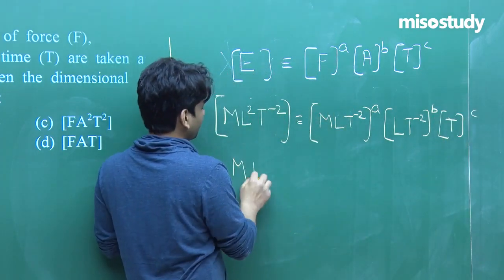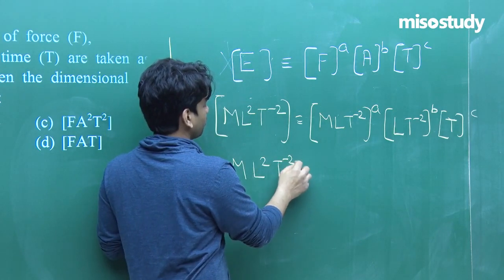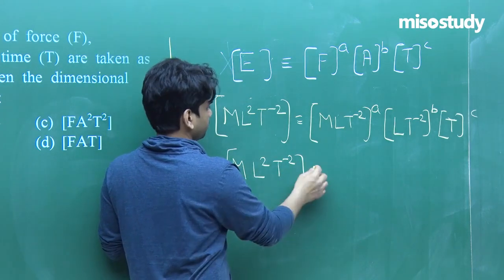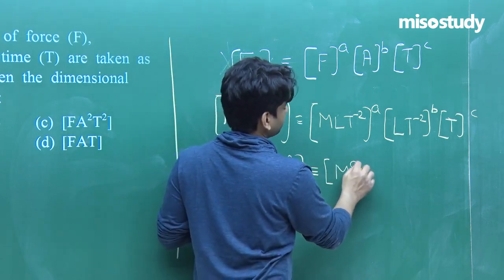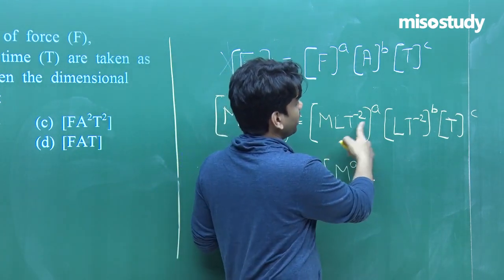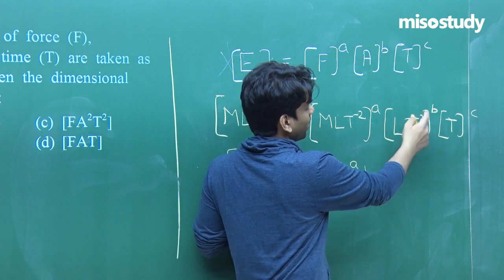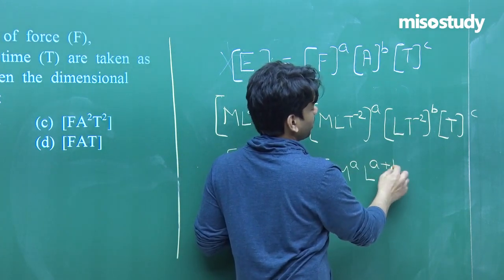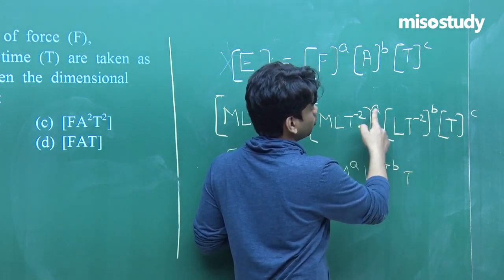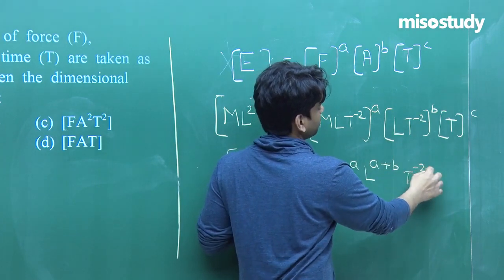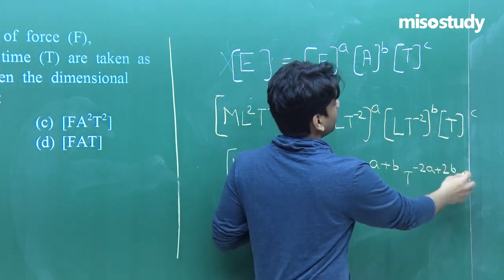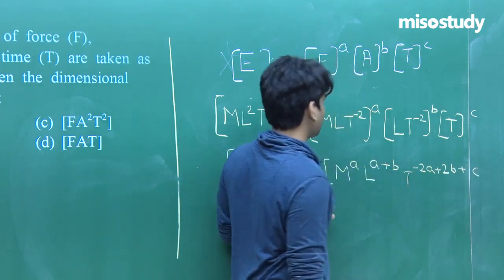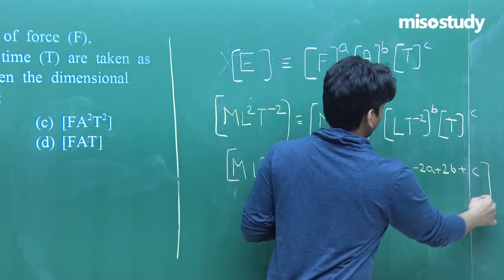Write down the dimensional equation once again. M to the power a, L to the power a plus b, and t to the power minus 2a minus 2b plus c. This is what you are going to mention about time t.